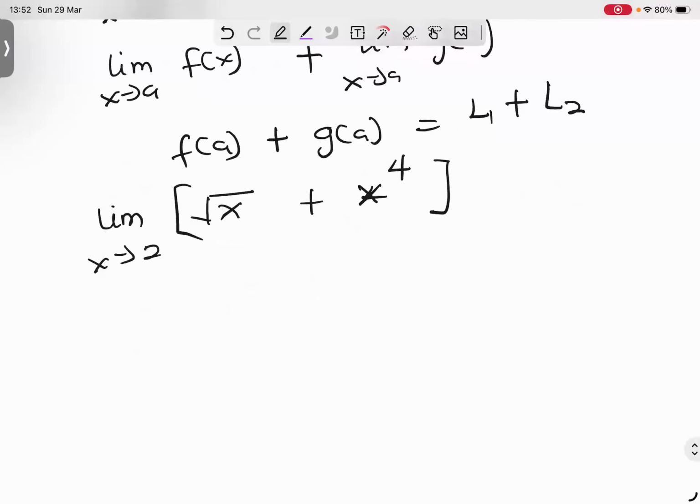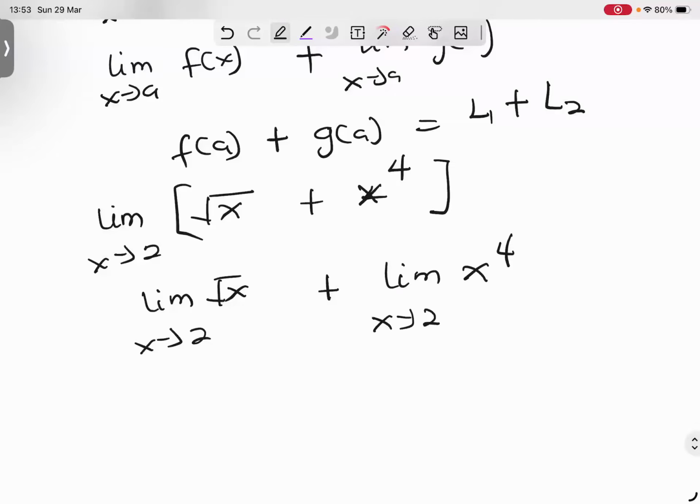Now let's do it step by step. If we want to find the limit of the sum of these two functions, then from this property, the sum property or sum rule, we are allowed to separate the functions and apply the limit on the individual functions. After we get the answers, we sum the two answers. So this is the limit as x approaches 2 of the square root of x plus the limit as x approaches 2 of x raised to the power 4.